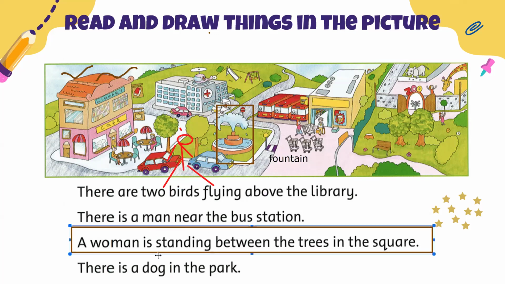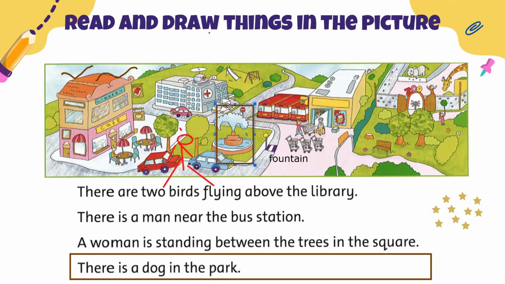Okay, now how about here, Dolin? There is a dog in the park. So where will you draw the dog? Now where will you draw the dog?